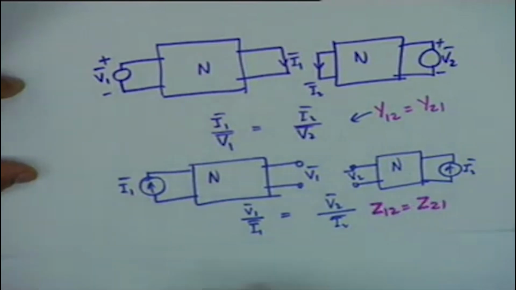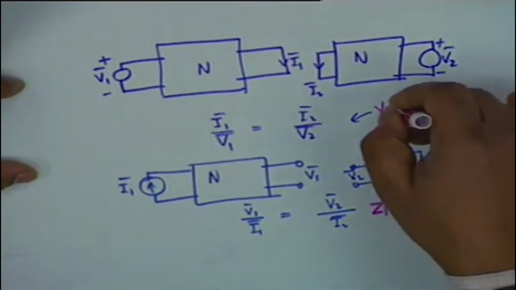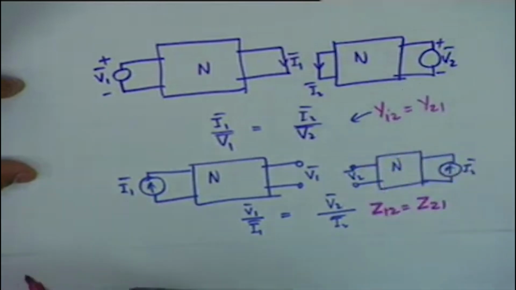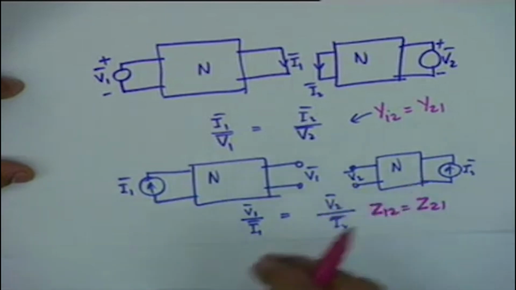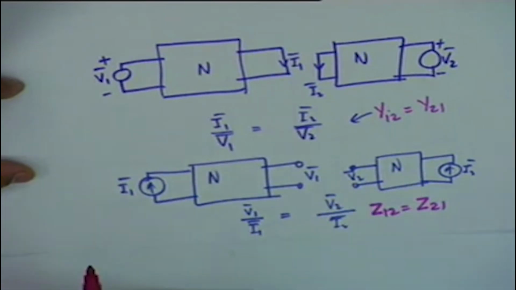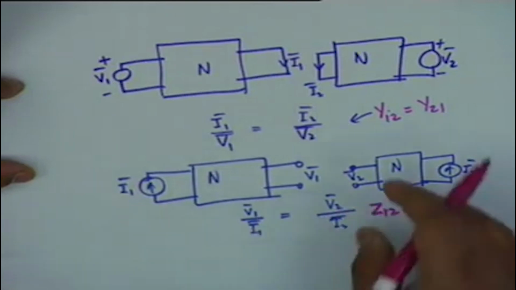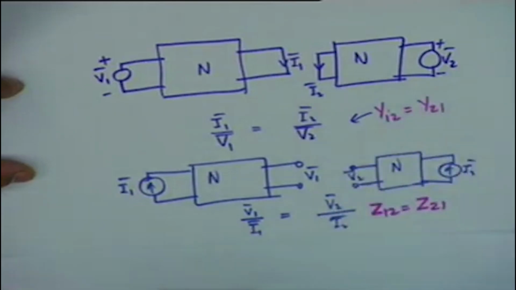The question that I ask is, is there a relationship between Y12 and Z12? Are they reciprocals of each other? Much to your frustration, they are not. This is something which we wish to investigate. What is the relationship between them? They are not simply the reciprocals of each other. Why?